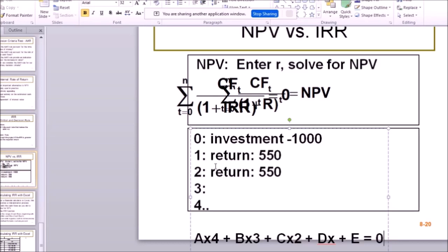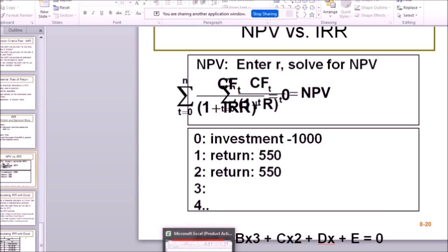How do we solve this equation? That's much more difficult than a simple quadratic equation. For anything more than 2 period projects, it's basically impossible to calculate by hand.